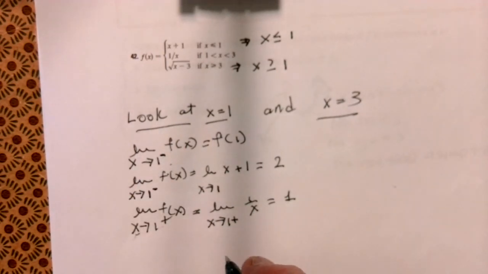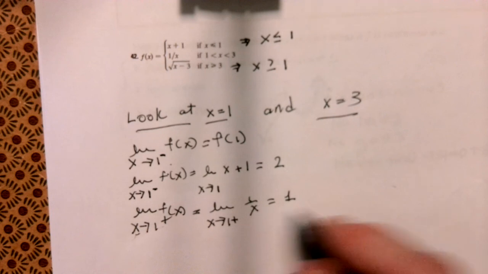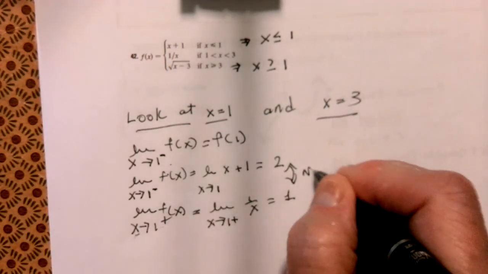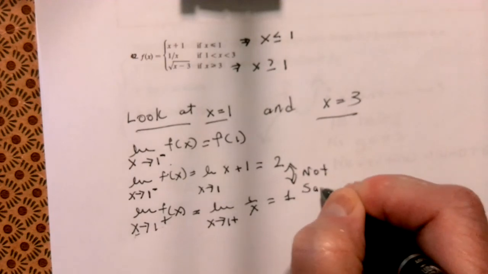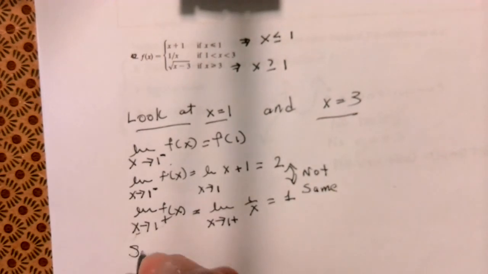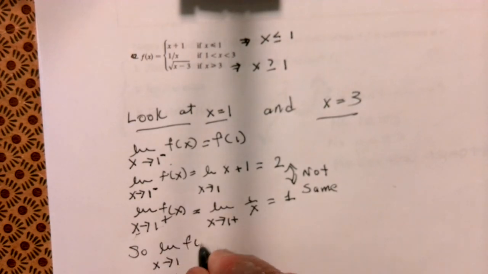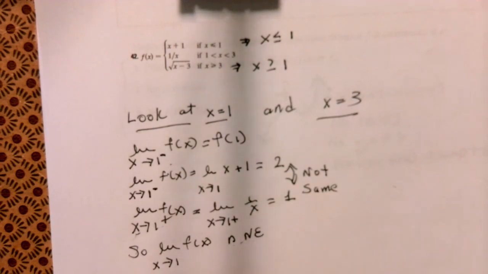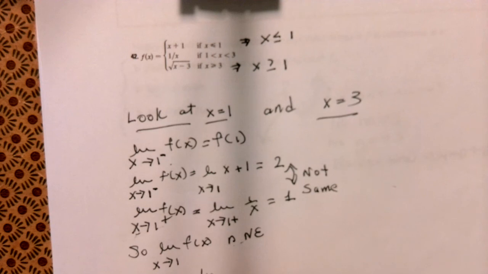Okay, so what do we have here? These are not the same values. So the limit as x approaches 1 of f of x does not exist. So it can't be continuous there, because the limit has to exist.